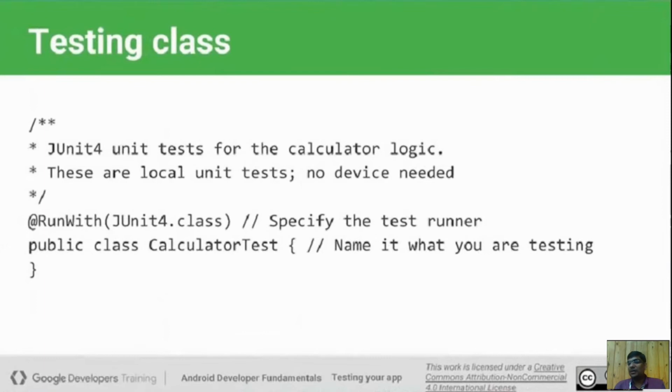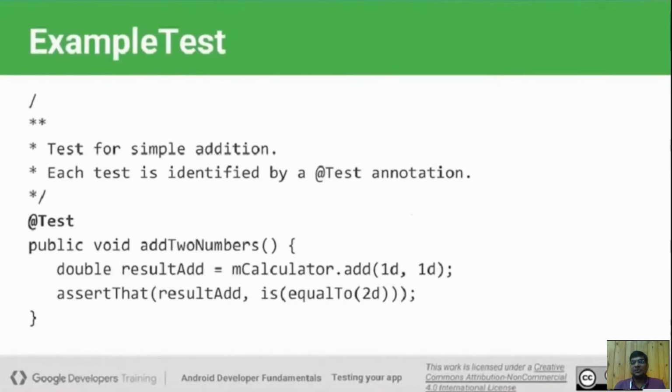Now, to perform the unit testing, the very first annotation you need to provide is @RunWith, in which you provide the class you will be using for this local unit testing, and that would be JUnit4.class. Then you give the class name, maybe public class and your own class name, and inside that you will put the methods. To make any method behave as a testing method, you have to put the annotation @Test.